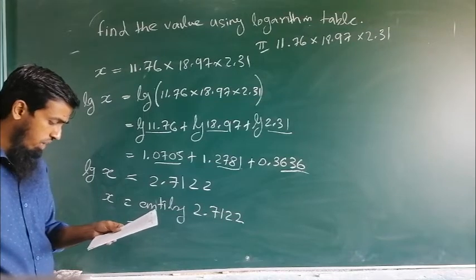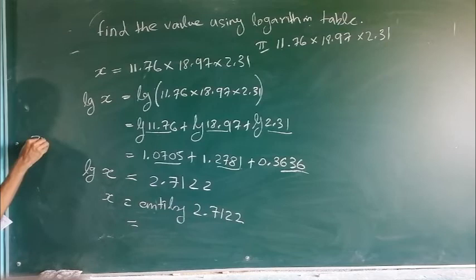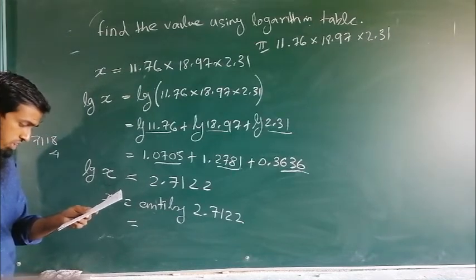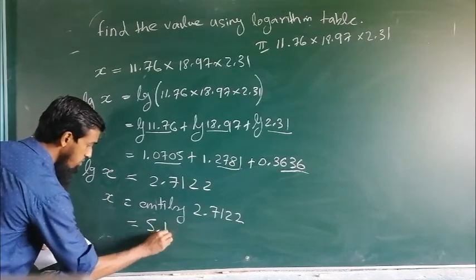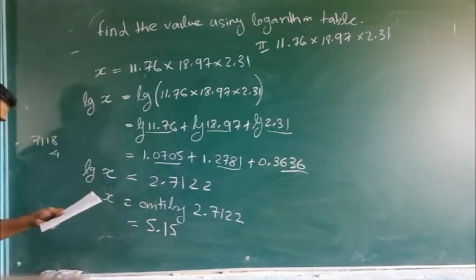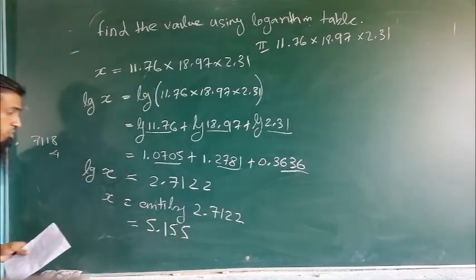We have 7118. We need another 4. So 7118 is on the 51st row, so 5.1. The column is the 5th column. So we need another 4 there. The 4 is on the 5th mean difference column. So that is 5.